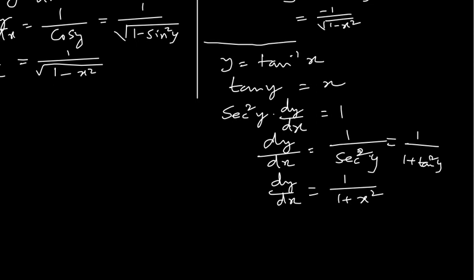If they say differentiate, then you have to write all these steps. Understood, right? Two different ways of questioning. If they say what is the differentiation of tan inverse x, you can straight give the answer 1 by 1 plus x square. But if they say differentiate, that means you have to show these steps. In both the cases, it's 1 mark only.